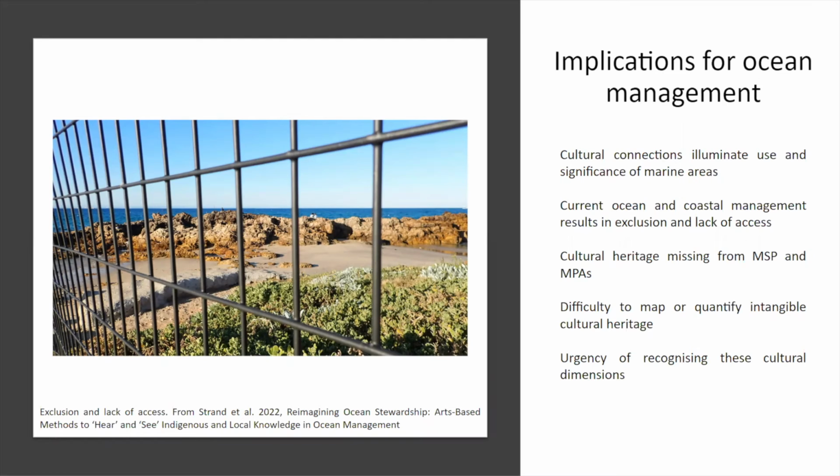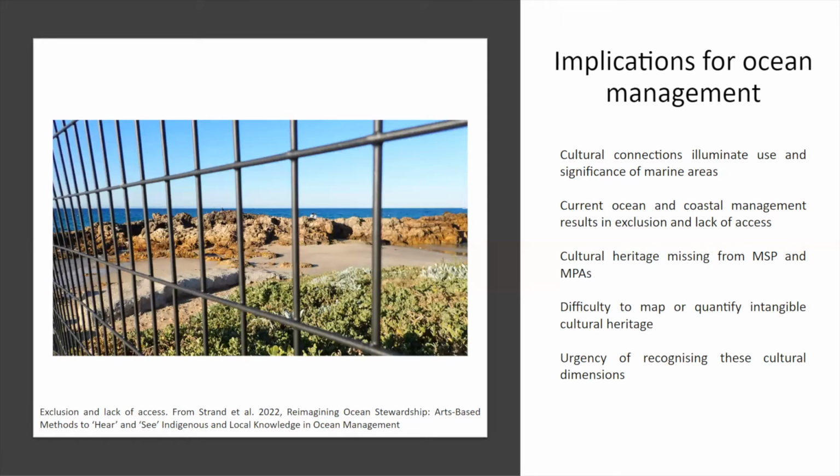And yes, it is difficult to map and we shouldn't necessarily quantify intangible cultural heritage. And this is something that needs to be considered in the future when doing participatory community mapping as well. However, there's a great sense of urgency in terms of recognizing these knowledges and connections and stories.